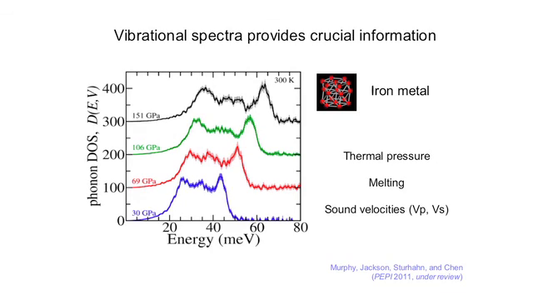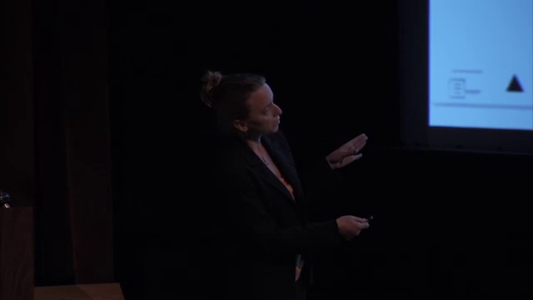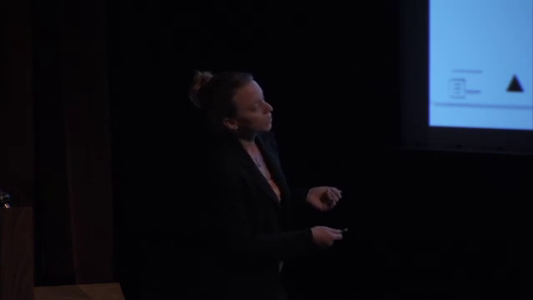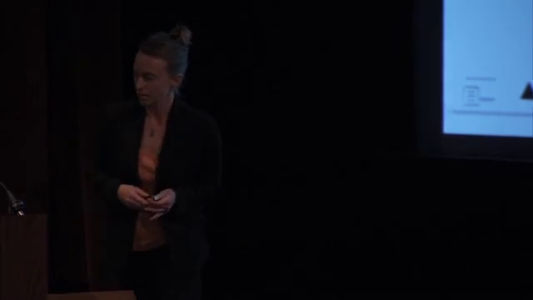So we're at 1.5 megabars. The core mantle boundary is 1.4 megabars. And in these measurements, simply by probing all the vibrational states, we obtain a thermal pressure, which will help us with understanding how the material melts. And we can also determine the sound velocities.